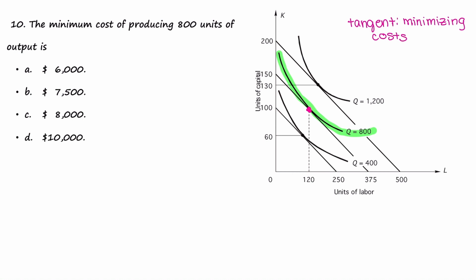So we know that our rental rate of capital is $50. And every single point on this yellow line has to cost the same. So I am going to do 150 as our K times 50 as our rental rate of capital equals 7,500. So our answer is B.